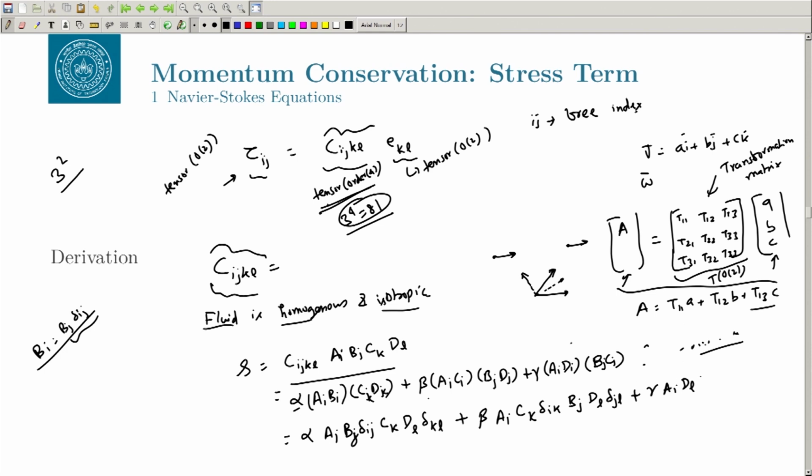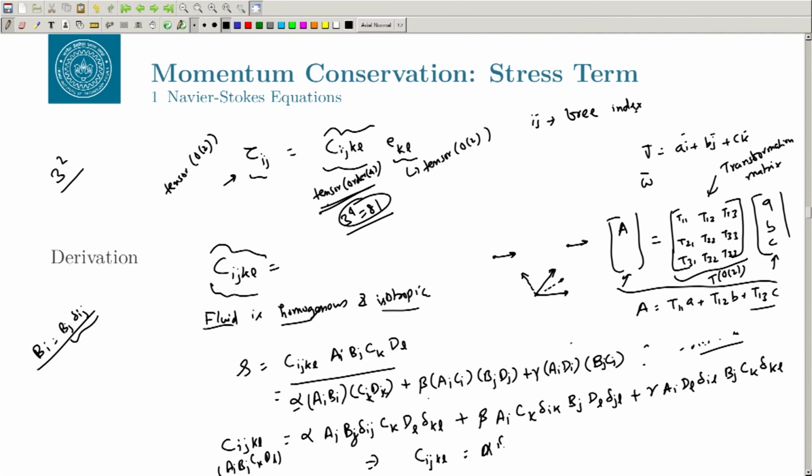So, d_l delta_il and then you have b_j and c_k delta_kl, right. So, you can now compare; this is basically C_ijkl. You can compare these values and this will give you C_ijkl a_i b_j c_k d_l. So, this a_i b_j c_k d_l will get cancelled out.